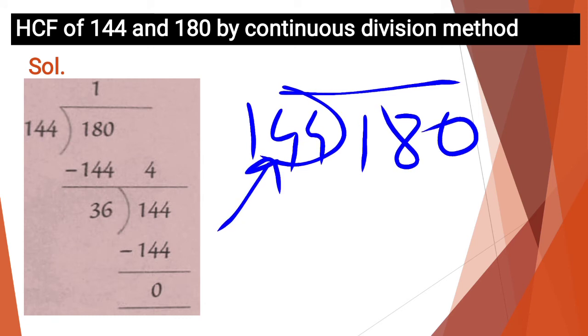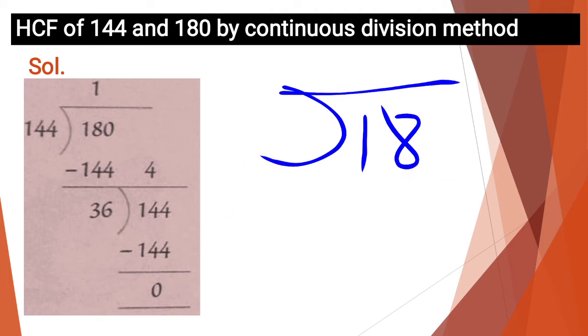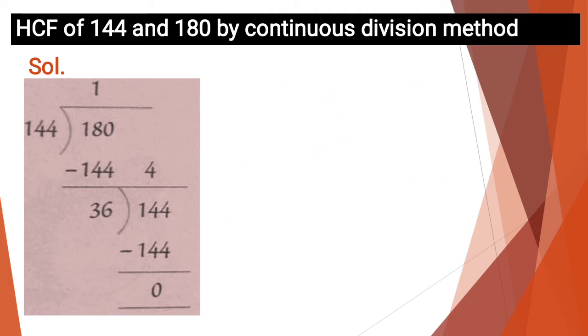Yes, definitely this is the divisor, and 180 is the bigger number, so that is why we write it here. So I have written 144 here and 180 here. Now we have to divide 180 by 144.